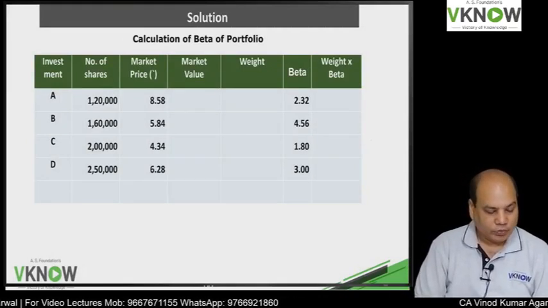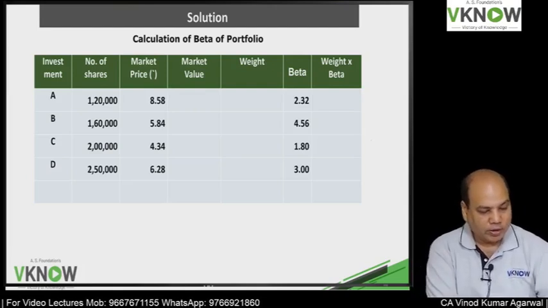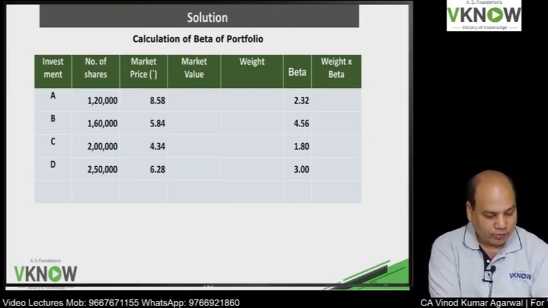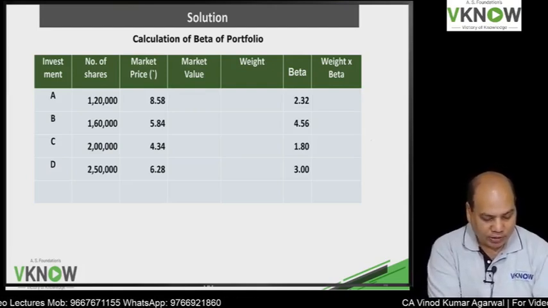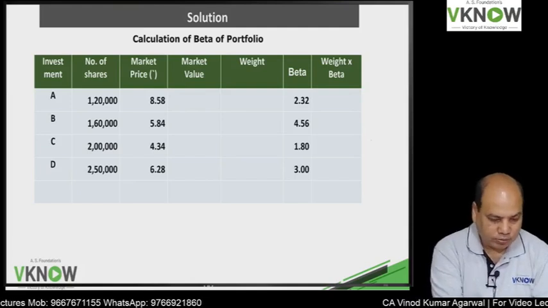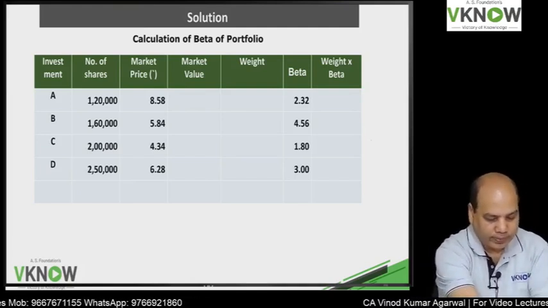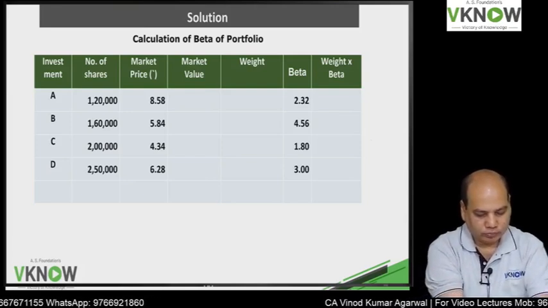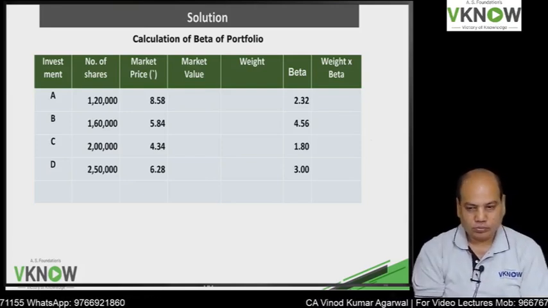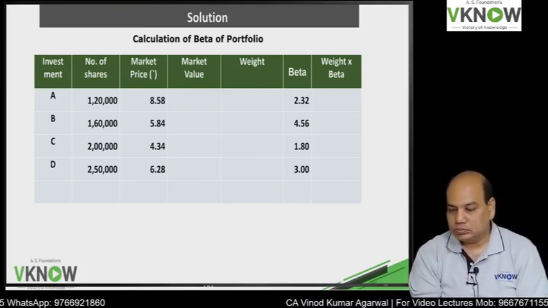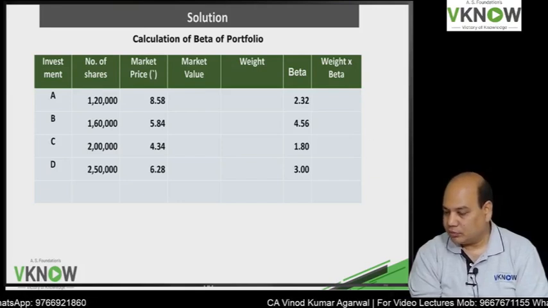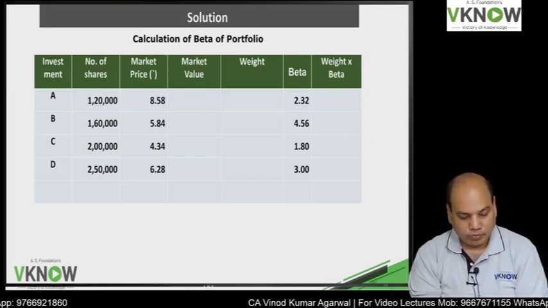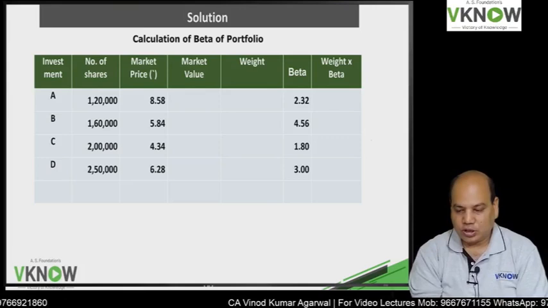portfolio beta. So the intention of the examiner is to check whether you can interpret this line properly or not. I am waiting for you. First draw the format. Do not apply shortcut.